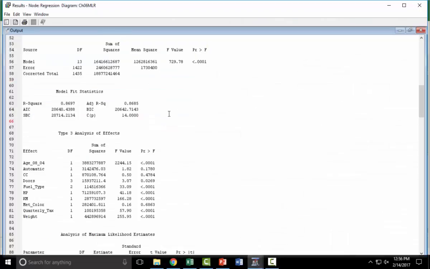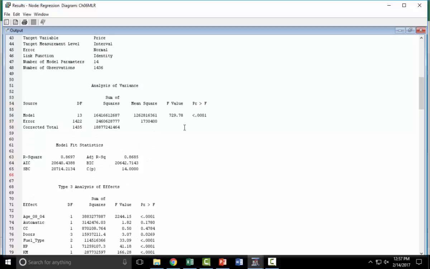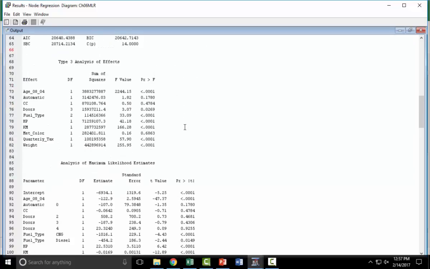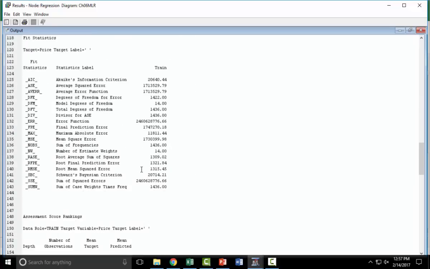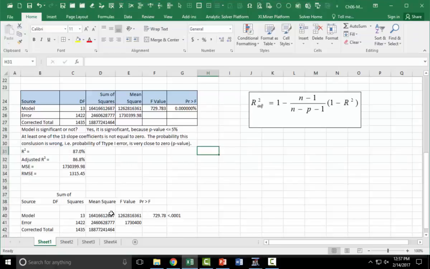Here you'll see R squared, adjusted R squared, then here is your root mean square error, 1315.45. So that's what you see here.